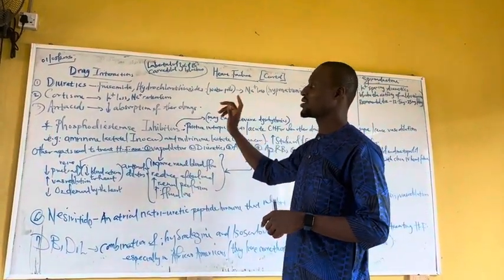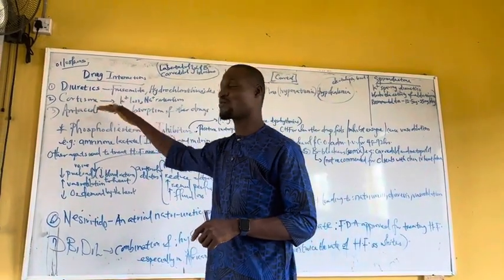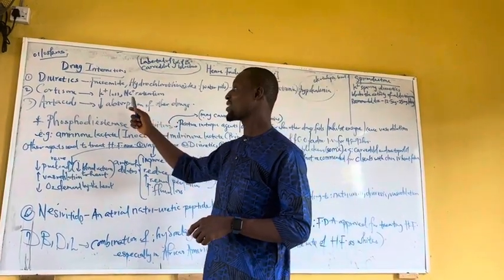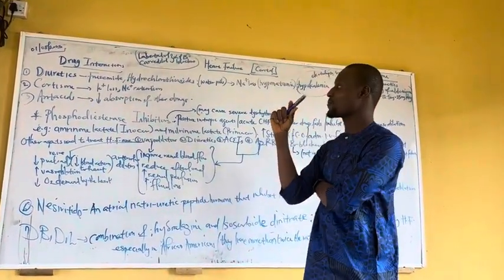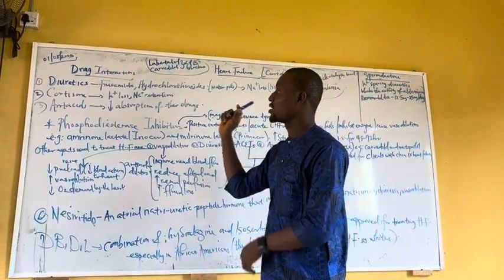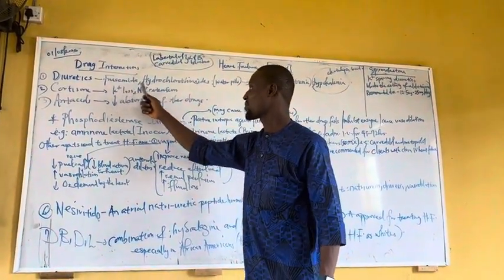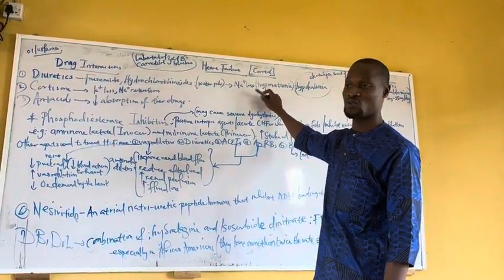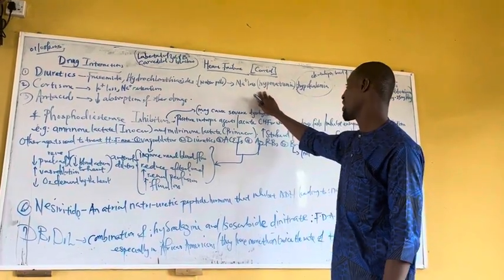Diuretics is one of the drugs we give for most of these cardiovascular conditions. When you combine a diuretic with a cardiac glycoside, a strong one at that, like furosemide, what you tend to have is a lot of sodium lost.